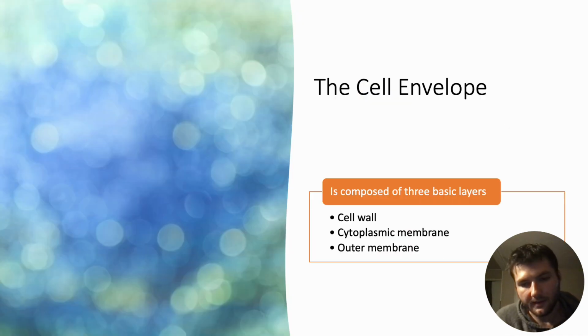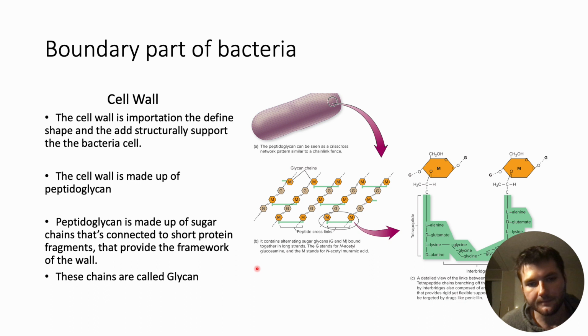So we're going to talk about the cell envelope, and it's pretty much comprised of three basic layers, mostly two, the cell wall and cytoplasmic membrane, and then some more of the membrane too. The cell wall, the boundary part of bacteria, is important to define the shape and to add structural support to the bacterial cell.